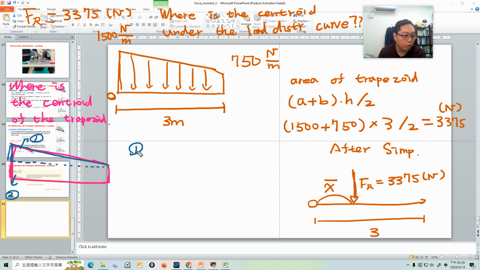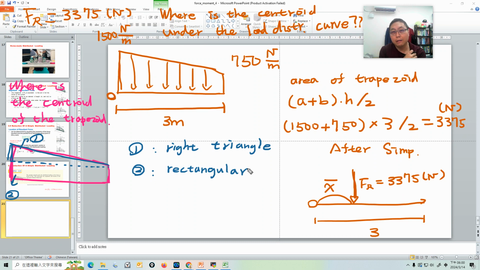Area 1 will become the right triangle, and area 2 will be the rectangle. So we divide them into very simple areas, a rectangle and a right triangle. That's very simple. Then determine the position of each simple area, the centroid of each simple area.